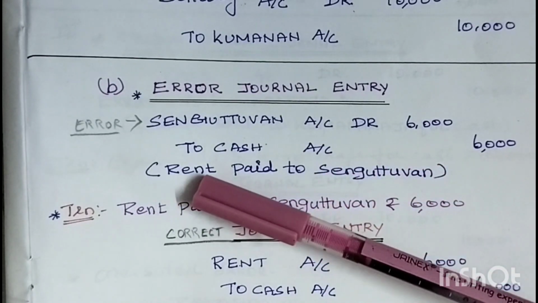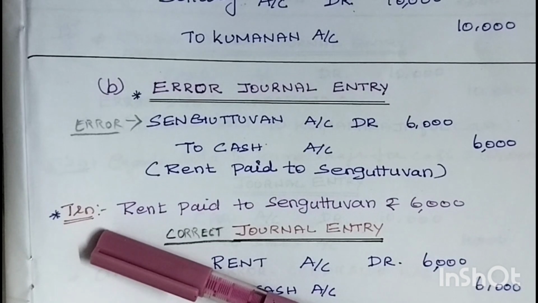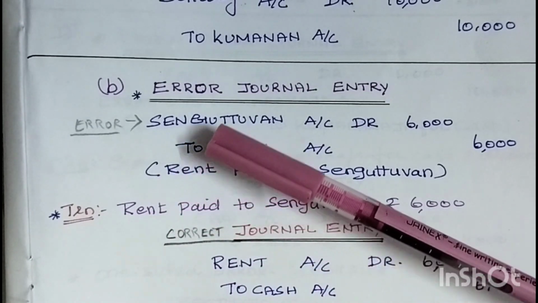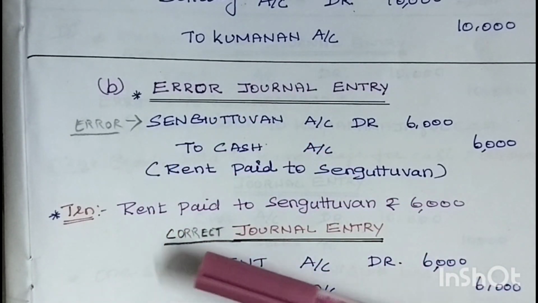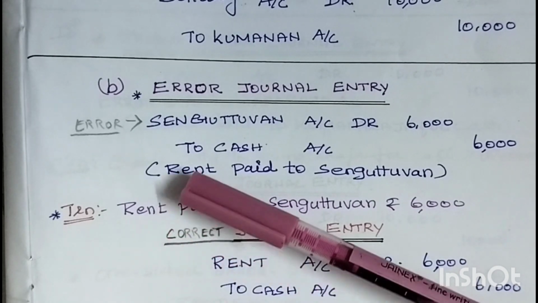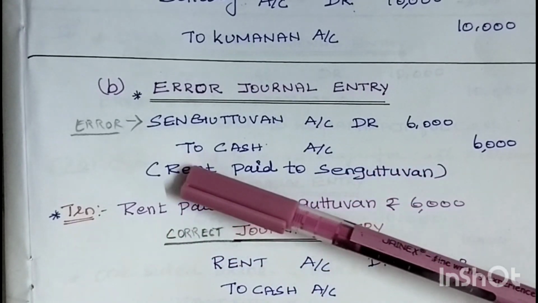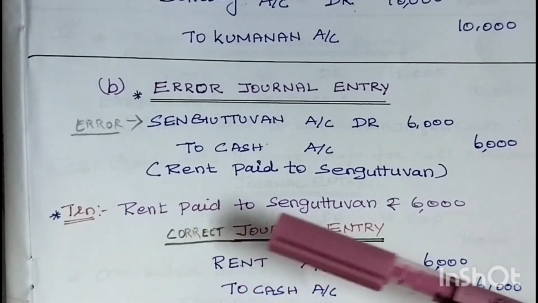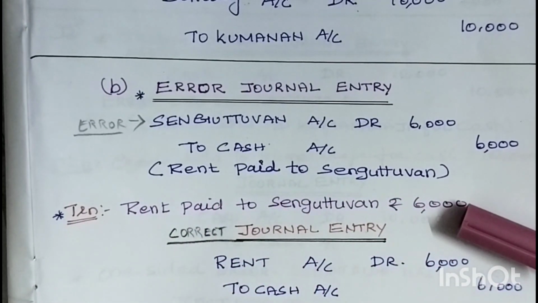Let's take the narration as the transaction. Then only we can understand the journal entry easily, and identify which side has the error. That is, rent paid to Sengutuvan rupees 6,000.